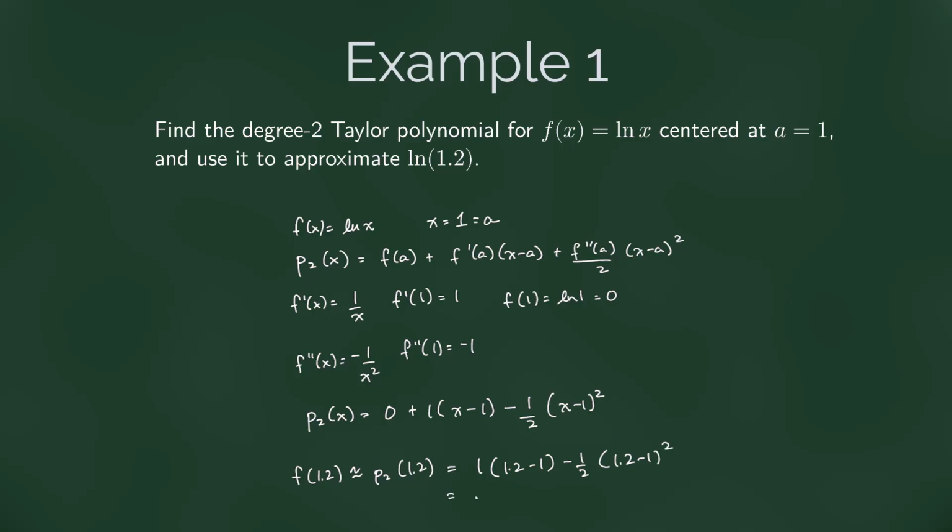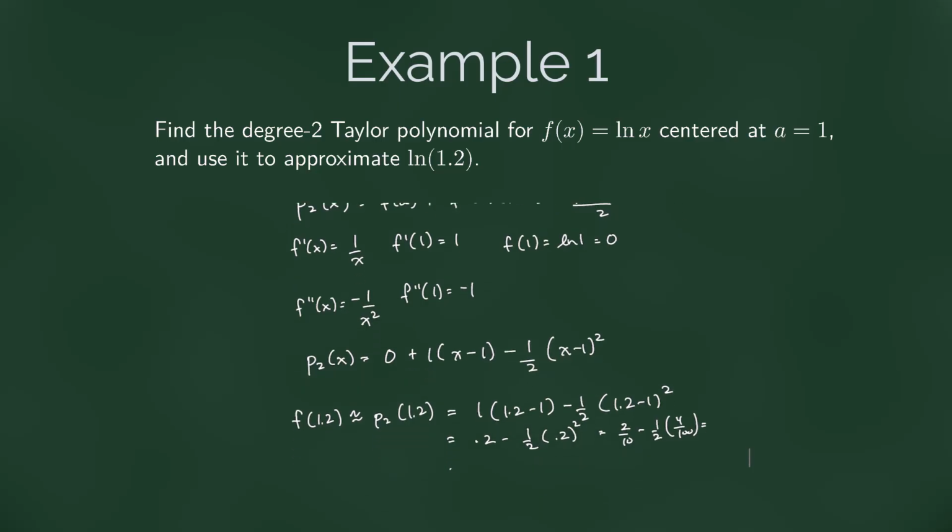And if we tidy that up, we get 0.2 minus 1/2 times 0.2 squared, which is 2/10 minus 1/2 times 4 over 100, which gives us 2/10 minus 2 over 100, which is 20 over 100 minus 2 over 100, which is 18 over 100, or 0.18.